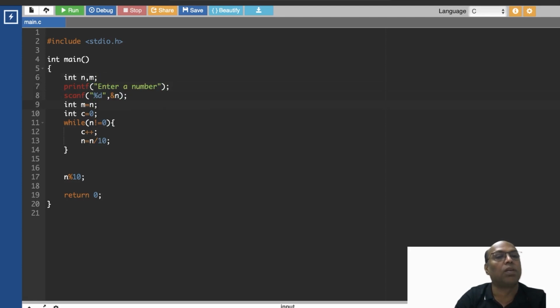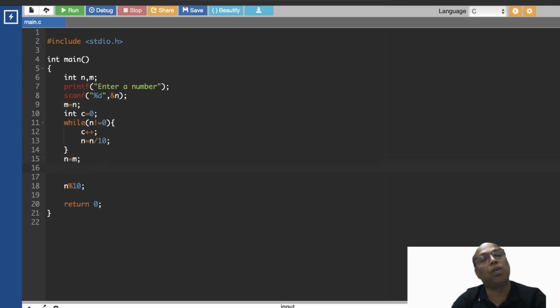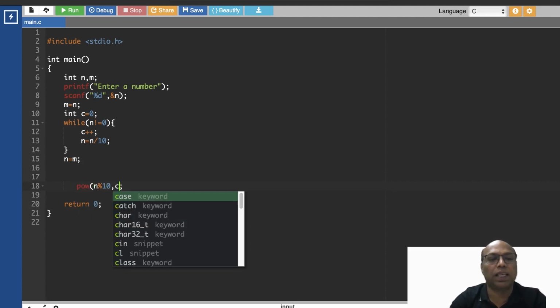You have to put it after that one. Now what you can do in this case is assign the n value to m, because you have a copy of it, right? Now what we said, take a digit, raise to the power of c.